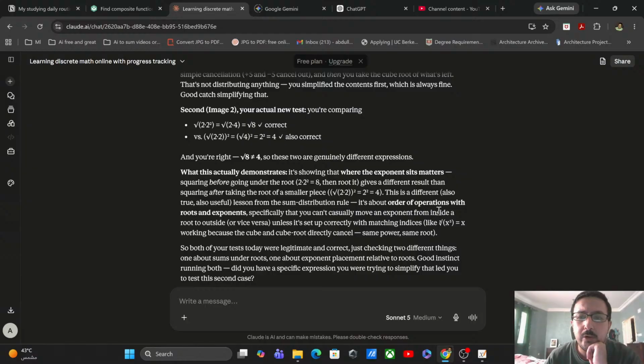It's about order of operations with roots and exponents, specifically that you can't casually move an exponent from inside a root to outside, or vice versa, unless it's set up correctly with matching indices, like the cube root of x cubed equals x. That works because the cube and cube root actually cancel, same power, same root.